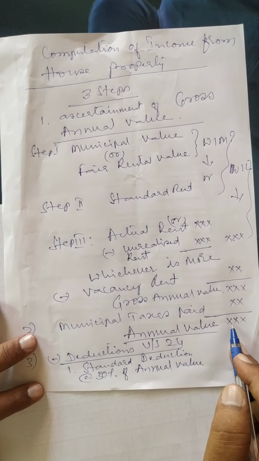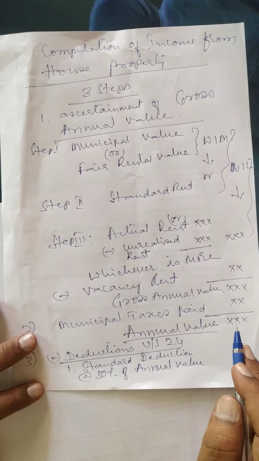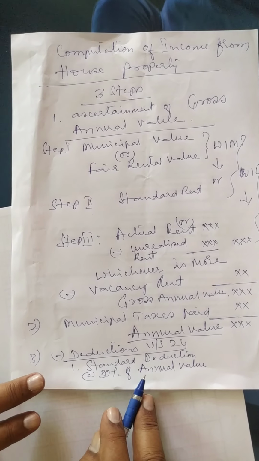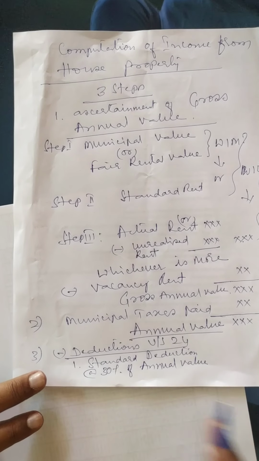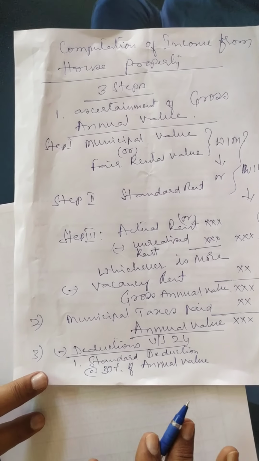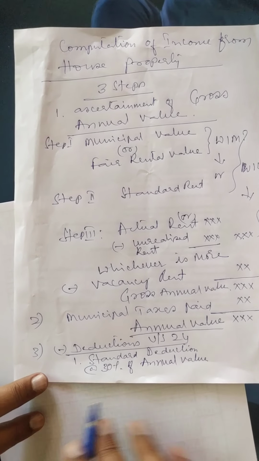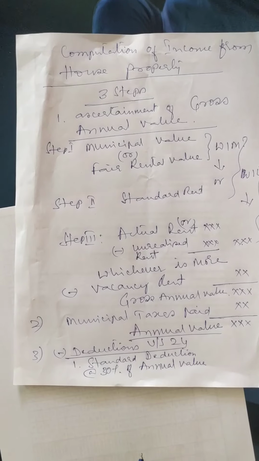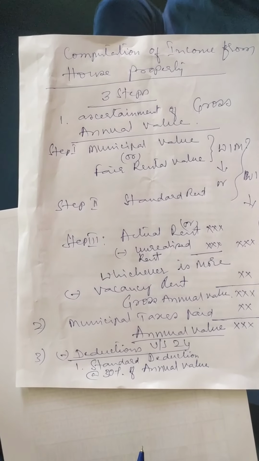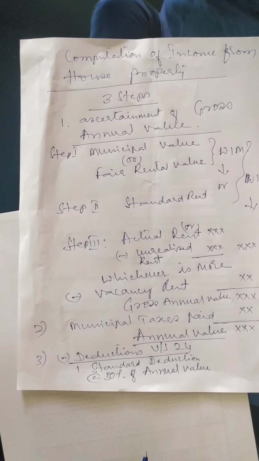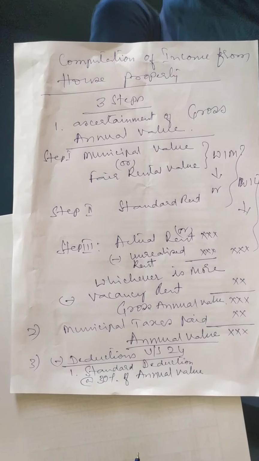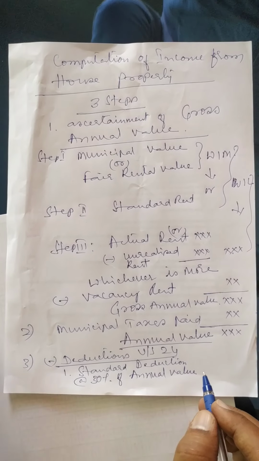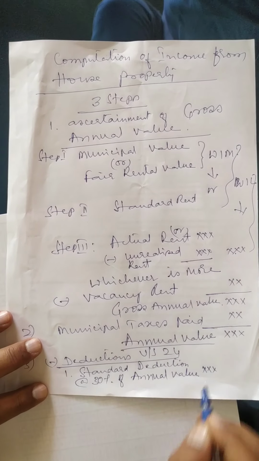The annual value which has been calculated earlier, out of which 30% should be allowed as a standard deduction. This is allowed for the purpose of certain expenses borne by the owner, like rent, repairs, collection charges, insurance premium, ground rent, annual charge, etc., whatever expenses are borne by the landlord, for that purpose, we allow standard deduction at 30% of the annual value is number one.